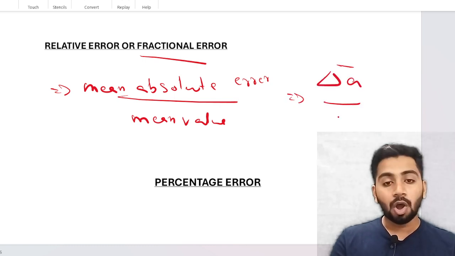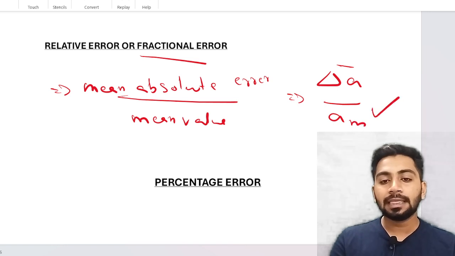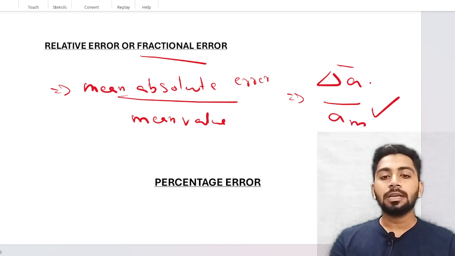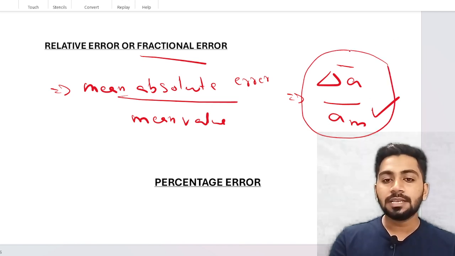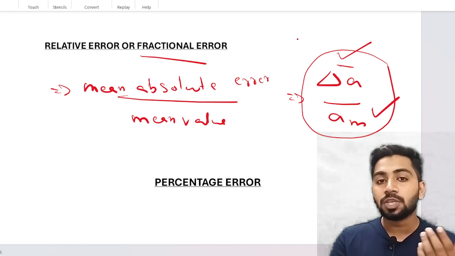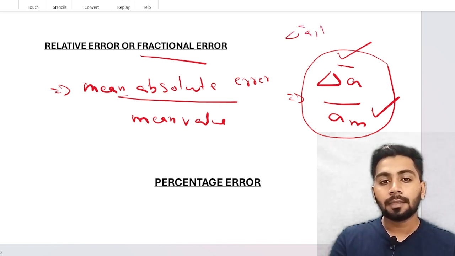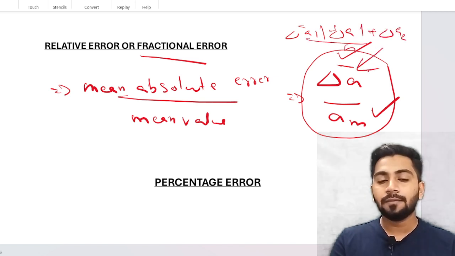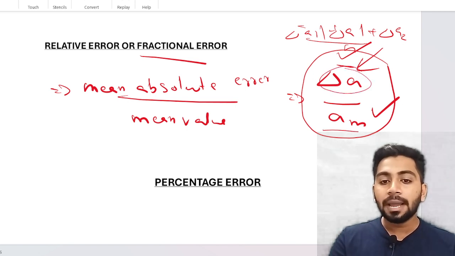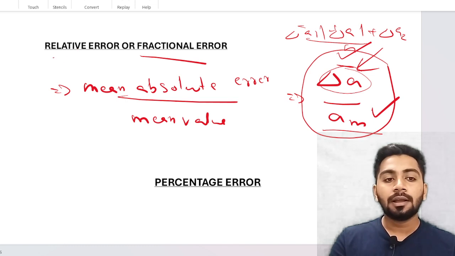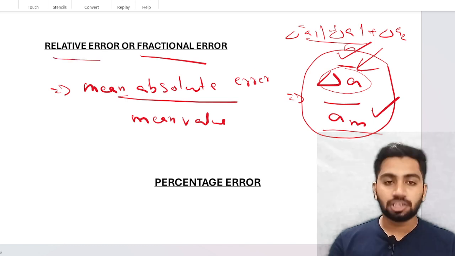Repeating n number of times, you will get your mean value, by adding all these and dividing by n. And if you divide this mean absolute error by the true value, you will get your relative error or fractional error.